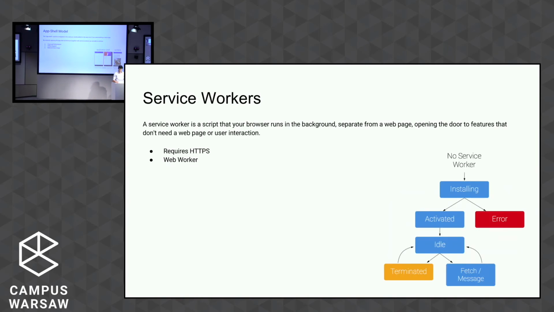So service workers, which I mentioned, are the key for progressive web apps and what enables these native-like features. They're a script which runs in the browser, but outside of the DOM, so outside of your website, and they run at a lower level. They require HTTPS because, since they're running at a lower level, there has to be an elevated level of trust.